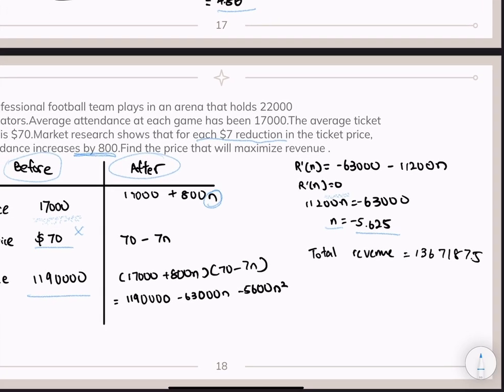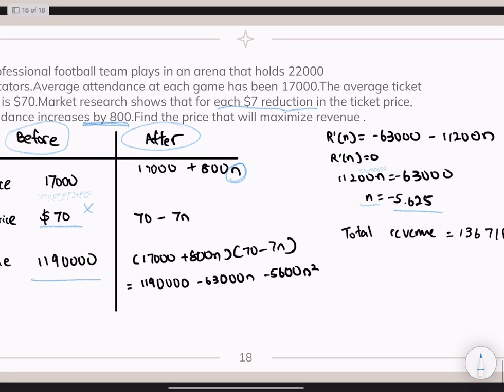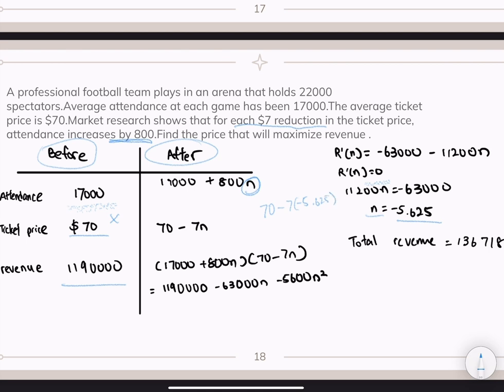And then the price that will maximize revenue is 70 minus 7 times negative 5.625, which is $109.375.